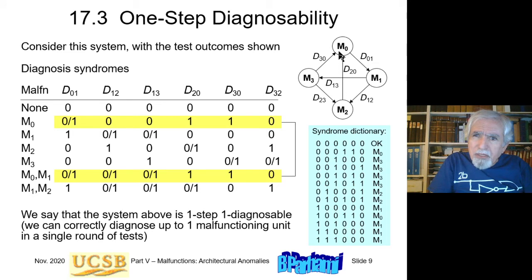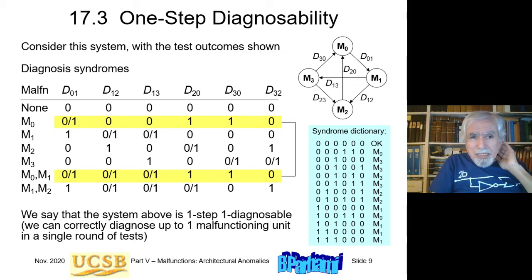In other words, if M0 is the only unit that is malfunctioning, everything else is okay, then M2, which is good, will detect that malfunction, so D20 will be 1. M3, which is good, will detect that malfunction, so D30 will be 1. However, D01, because M0 is malfunctioning, can be 0 or 1.